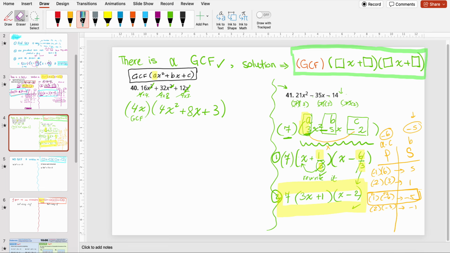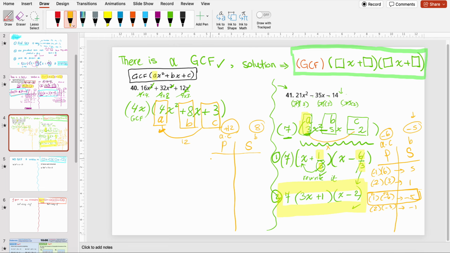But because I have an a, look at the a, it's 4. B is 8, C is 3. Because I have an a, my product sum will be different. So the product is a times c. 4 times 3 is 12, positive 12. My sum is only b, which is 8.